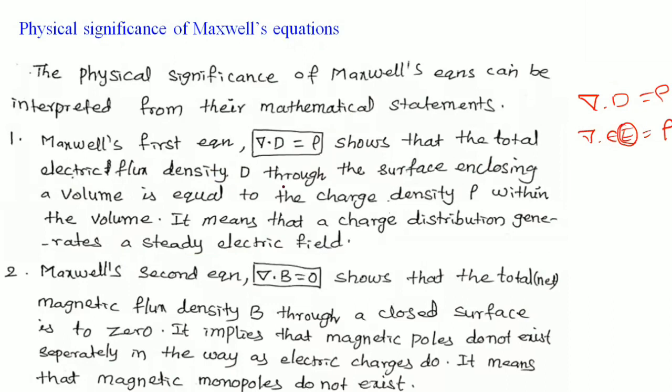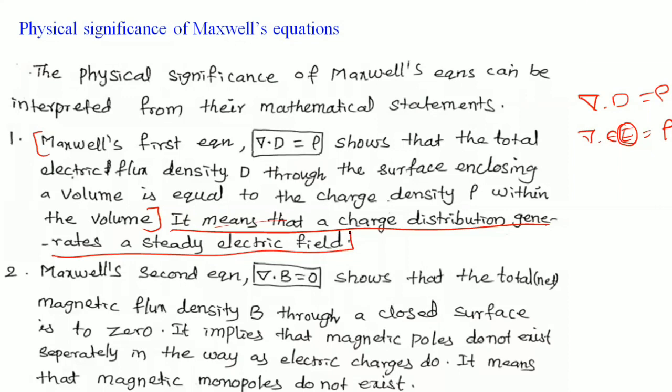Up to here, we explained the Maxwell equation del dot D is equal to rho, or del dot epsilon E is equal to rho. This is the physical significance: a charge distribution generates a steady electric field.